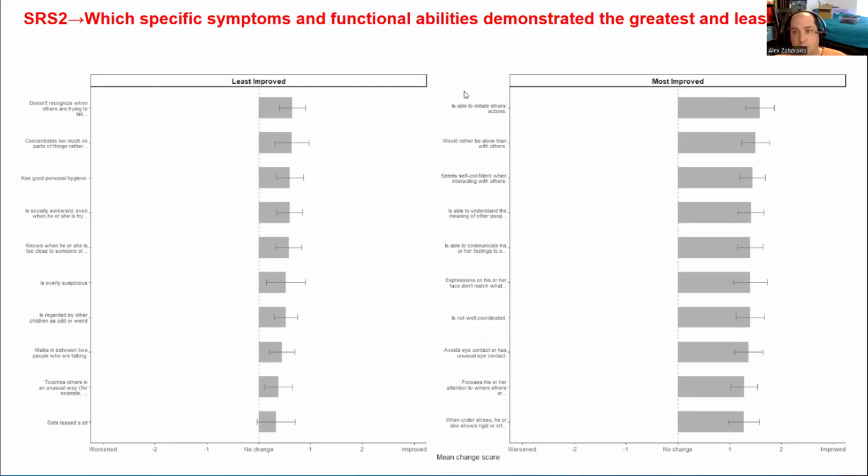Things like this on the right, is able to imitate others. Things like this on the left, does it recognize when others are trying to, I think it says take a turn is the rest of the question, and we have the full question there. And then the error bars representing that 95% confidence.